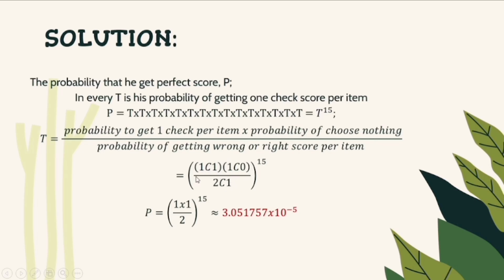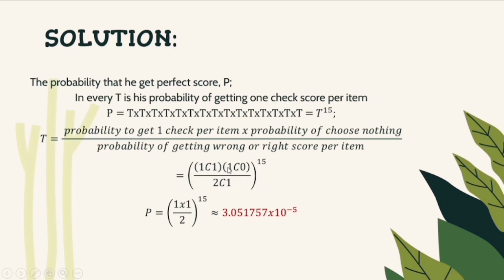1 combination of 1, or 1C1, represents that you can choose 1, and he gets the right answer. Then next he chooses nothing of the wrong answer, to complete the equation. To simplify, 1 plus 1 equals 2, and 1 plus 0 equals 1.